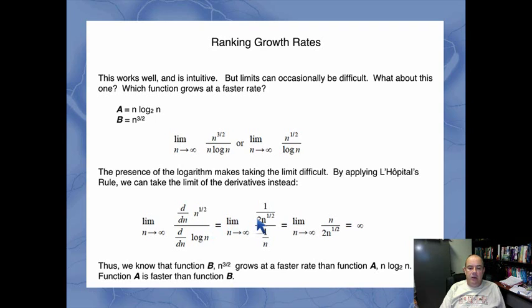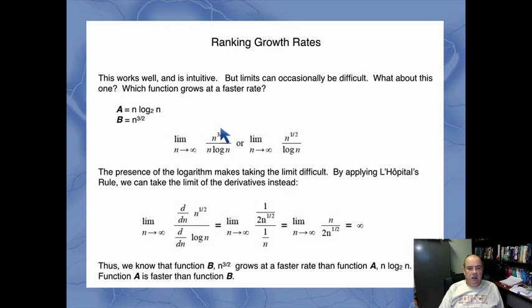At any rate, once we have solved this, taken the derivative, the rest of it's fairly trivial. Here at the end you can see n grows at a faster rate than n to the 1/2. We have infinity. Therefore, the numerator grows at a faster rate than the denominator. N to the 3/2 grows at a faster rate than n log n.